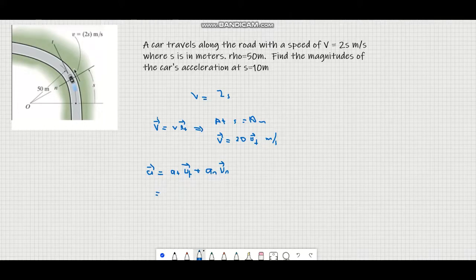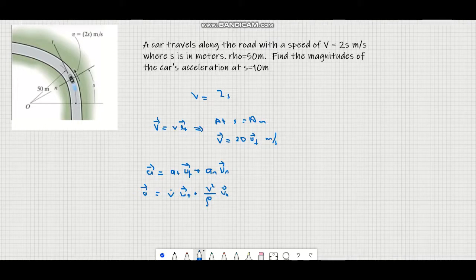Again, acceleration is the velocity derivative multiplied by ut, plus v square, the magnitude of velocity, over the radius of curvature, times un, which is the normal unit vector, and this is the tangential unit vector. Here is the acceleration. If we want to take the derivative of velocity with respect to time, what do we need to do?